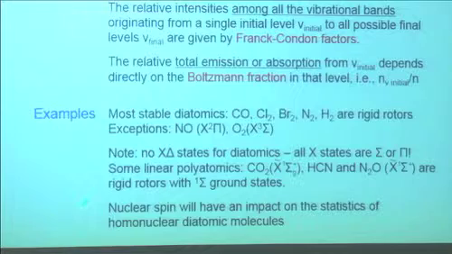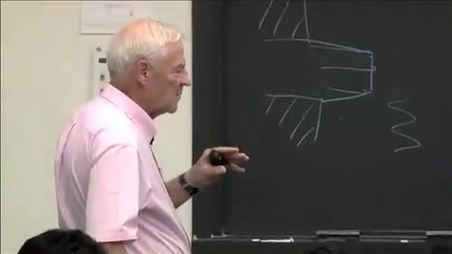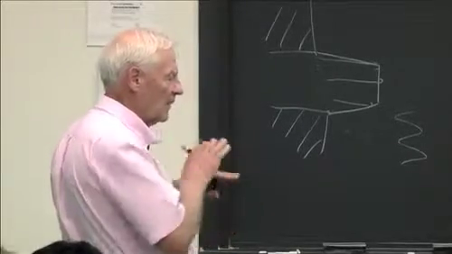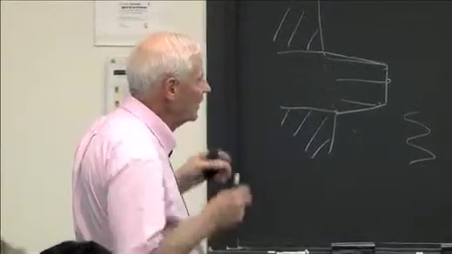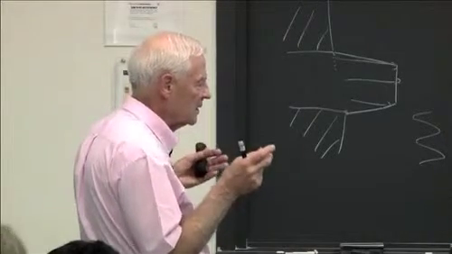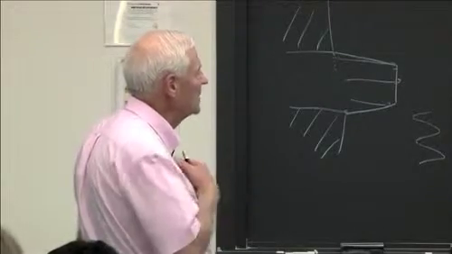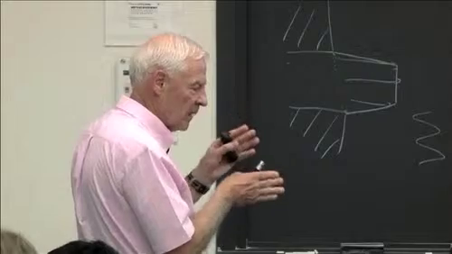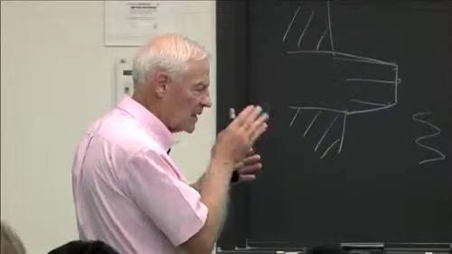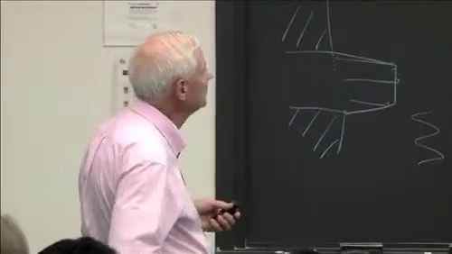But I'll just mention here, for symmetric molecules, you have to worry about nuclear spin. You have to worry about the fact that the nuclei are spinning. If it's asymmetric in the structure, you never have to hear the word nuclear spin. But when it's symmetric, because quantum mechanics has rules and statistics, and no two molecules can occupy certain states, it turns out that that spin comes into play and explains why we see variations in the intensities of the lines due to this nuclear spin. I don't think we're going to talk about that in here.